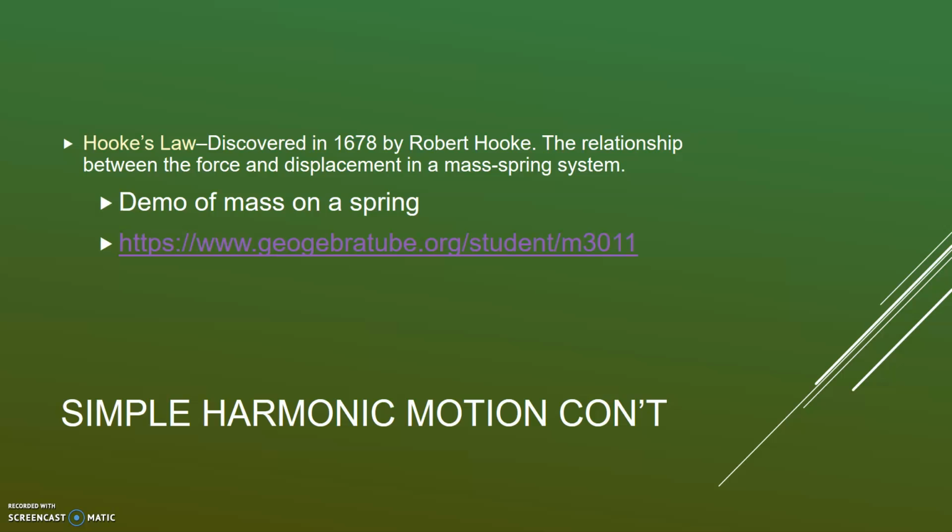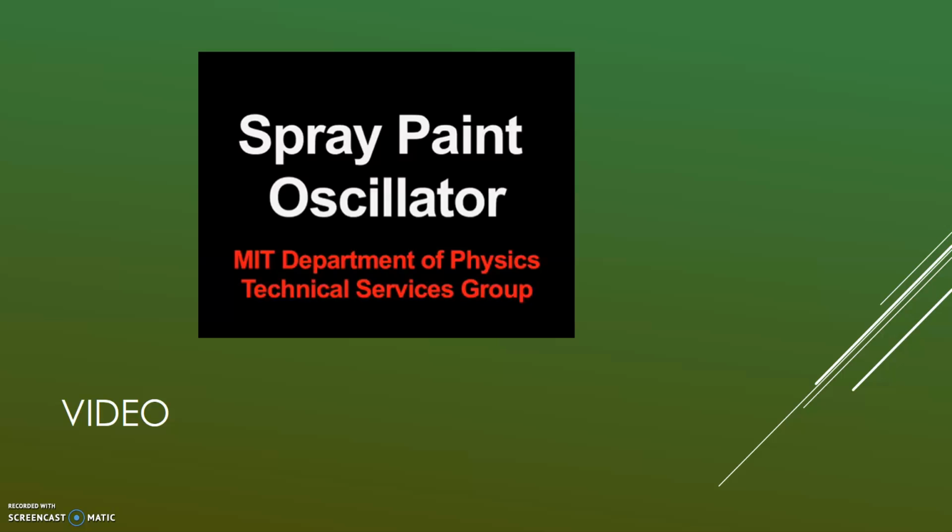It's not compressing the spring up and it's not pulling it back down. That spring is in a state of equilibrium. If you were to displace it and cause it to move up and down, then it has simple harmonic motion. So let's show a video of that.